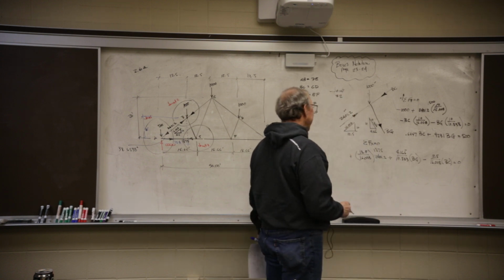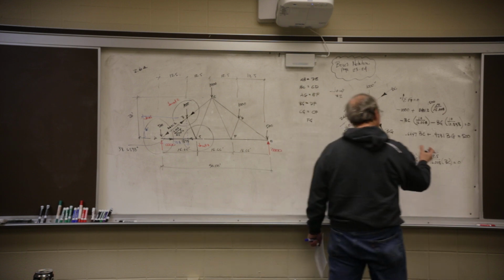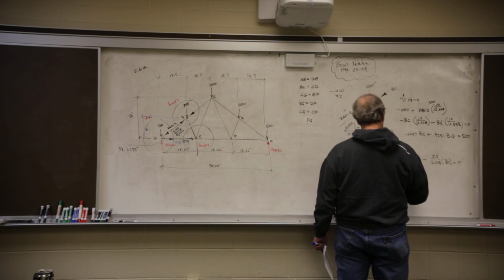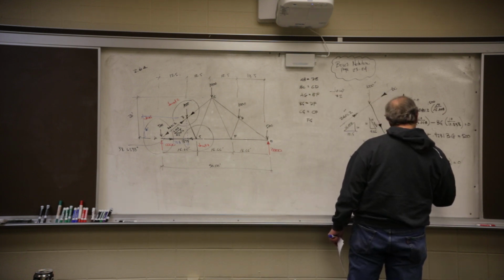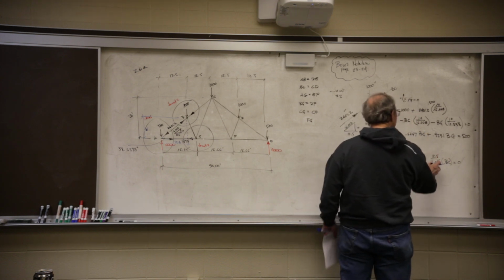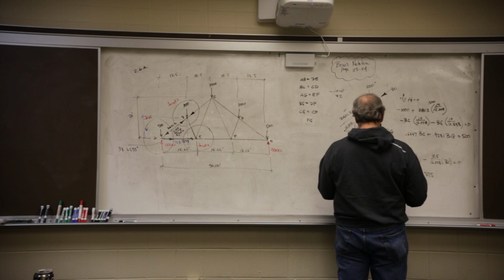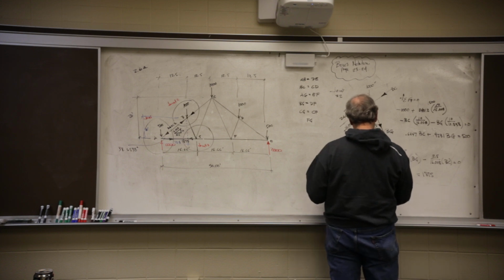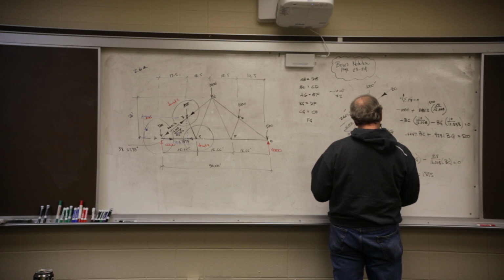Okay, if I leave that on that side and move these two to the other side, this becomes a plus and a minus. So 1875 equals 12 divided by 16, and that was 0.7809 BC.